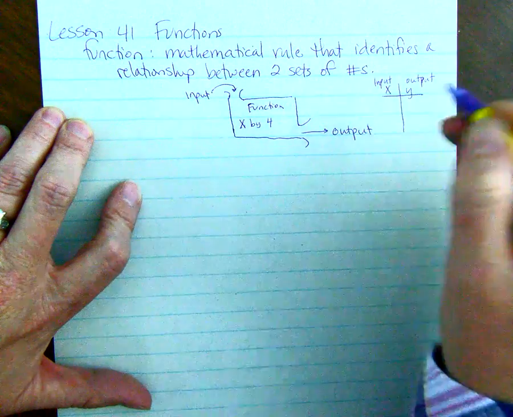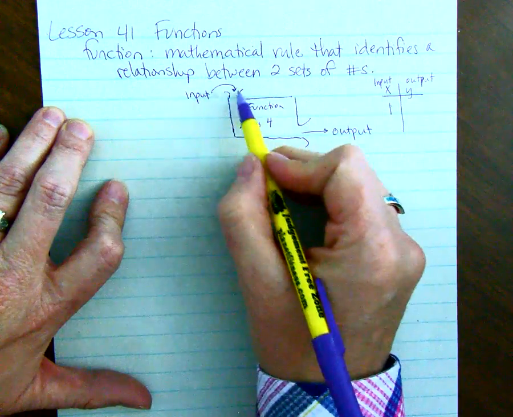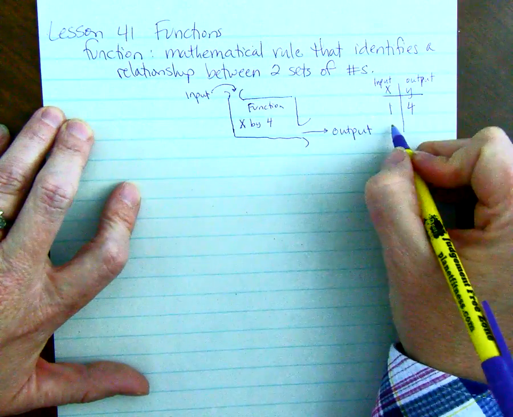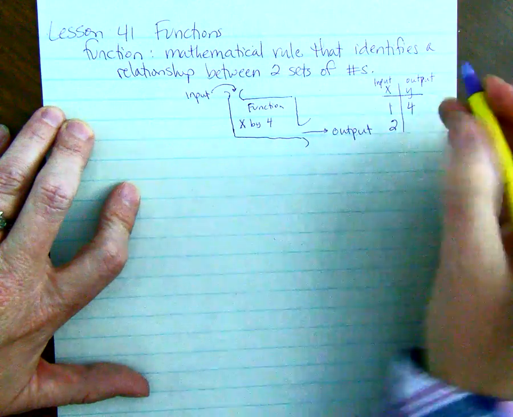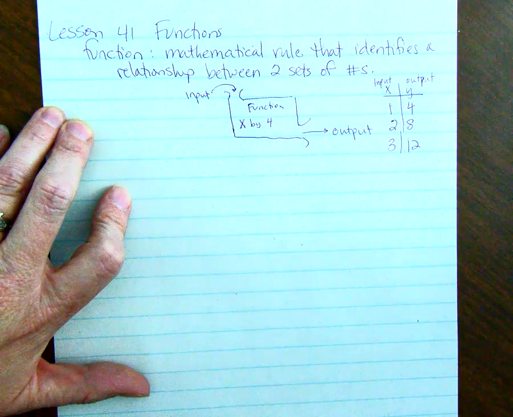So let's say we put into our function machine the number 1. We times it by 4, and we get 4 for our output. If we put in 2, we get 8. If we put in 3, we get 12.